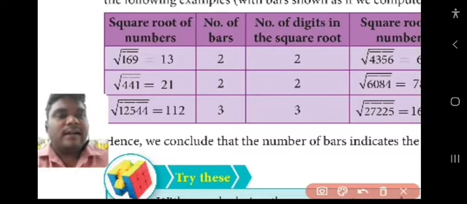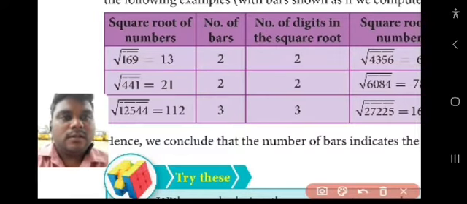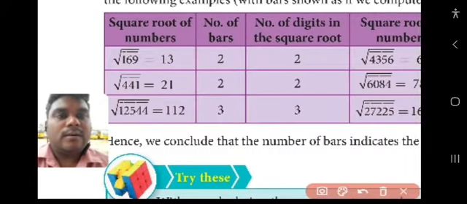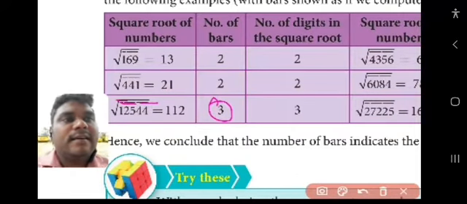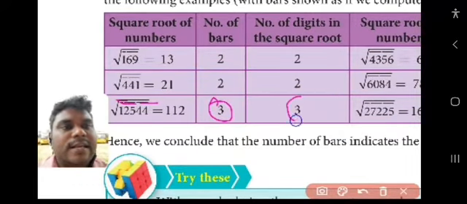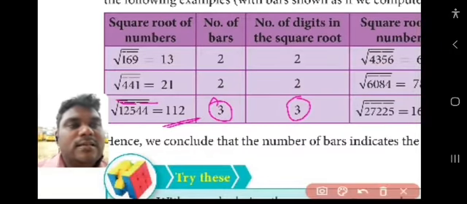There are 5 digits, so we take 2 periods. So we put bars: 44, 25 and 1. There are 3 bars. So therefore the number of digits in the square root is 3. So here the answer is 112.